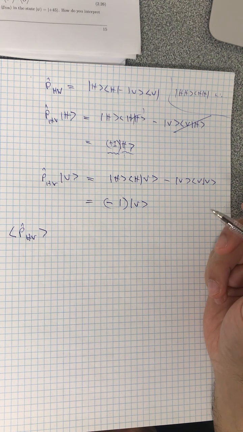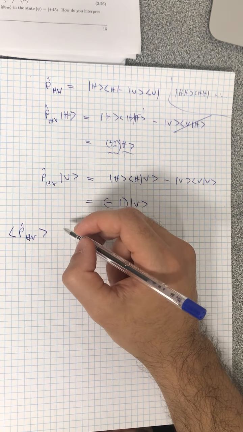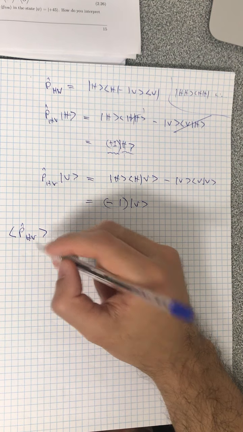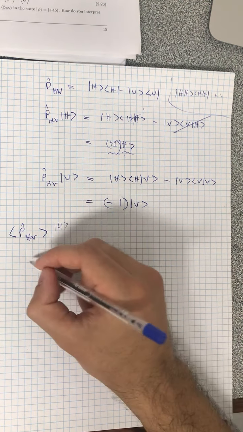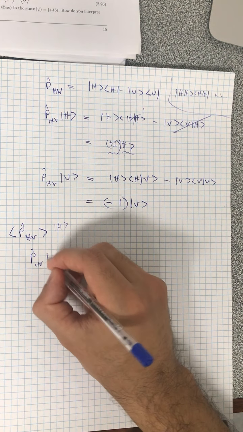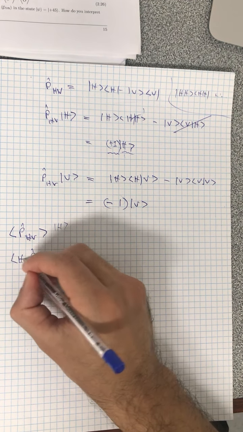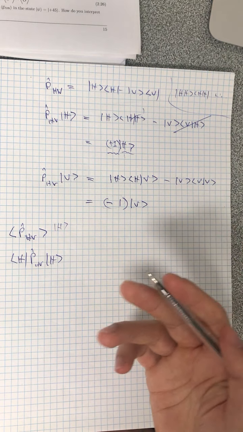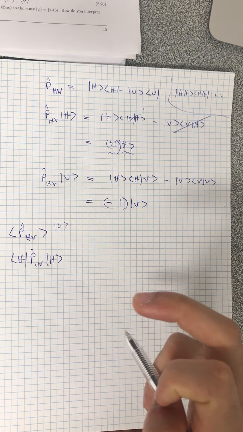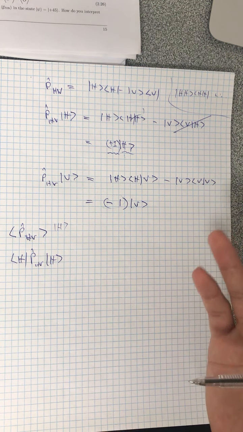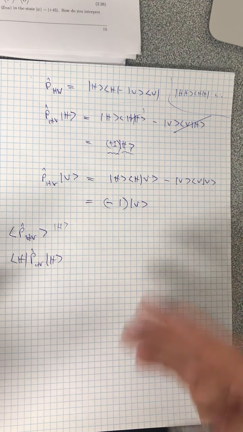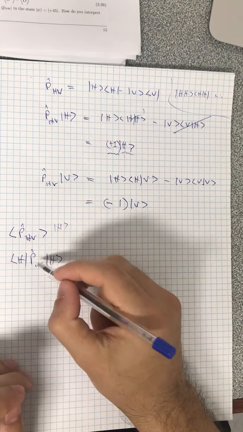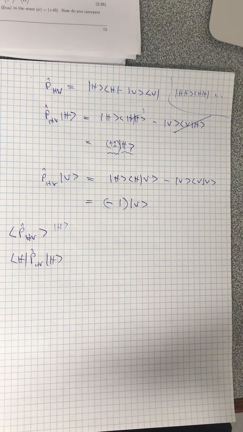So let's consider again a state. Let's consider H first. So expectation value requires an operator and a state. This is our operator, and the state we're going to consider is H, okay? So we do PHV, H. So what is the average of a polarization operator measurement, if it corresponds to some measurement, given an ensemble of H states? So all the H photons flying in, and we're doing this measurement. We don't really know what that is yet.